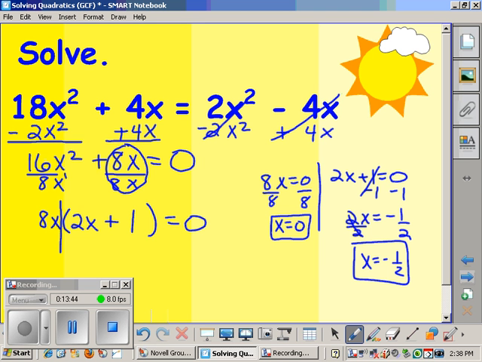Now, all of these equations, these quadratic equations, can also be solved using the quadratic formula. So if you've already learned that formula, you could simply plug it in, and you would be able to get the same answer.